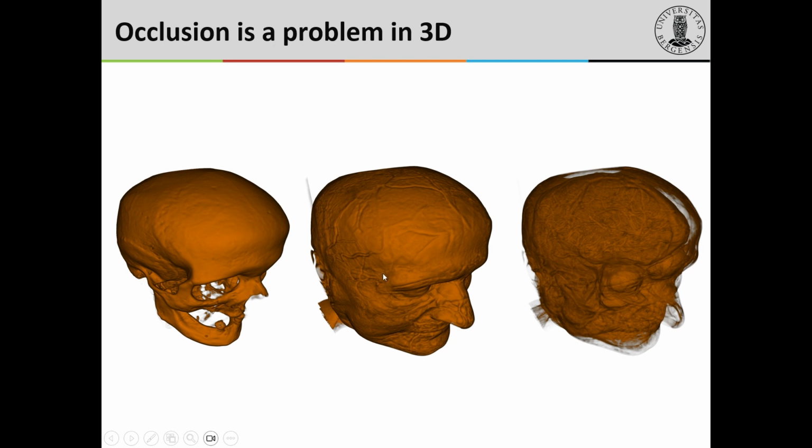However, if you want to visualize the brain, for instance, the brain will usually share density values with other organic structures, for instance, the skin and muscles and tissue. And so when you try to render it, you might end up with something like this. So it's occluded by other structures of similar data values.